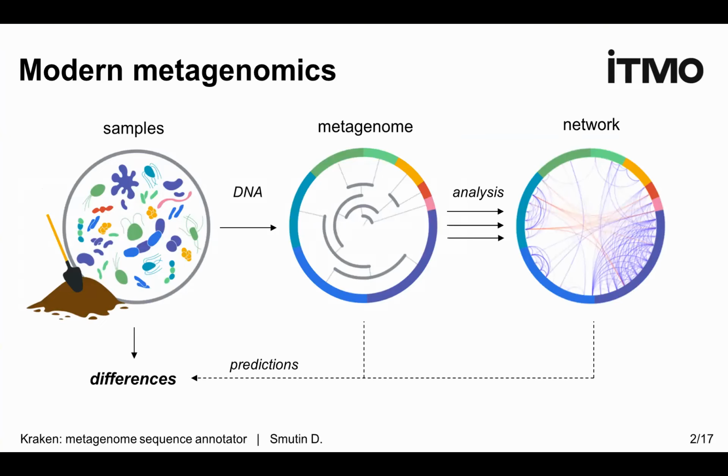So, first of all, really briefly, how modern metagenomics works. We have samples. In samples, we have environment and DNA, or it could be any other nucleotide, possibly. Nowadays, we can talk about metatranscriptomics, and sometimes really crazy people do even meta chip-seq or something like that.